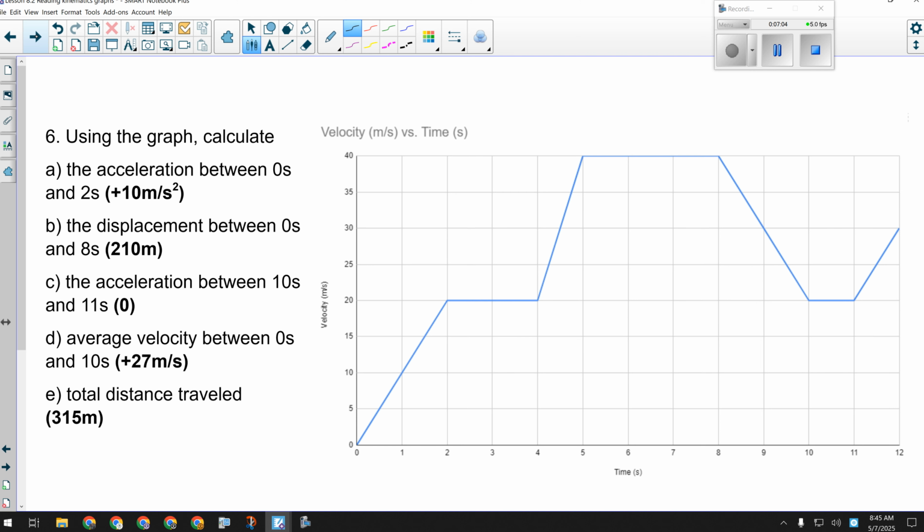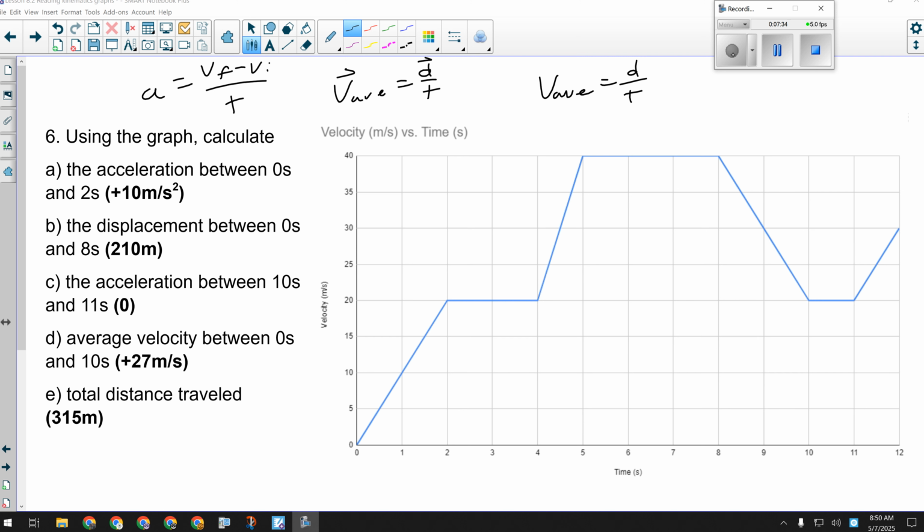So, using this graph, I want you guys to see if you can answer those questions. Remember, these formulas are on your formula sheet, but I'll put them up here because they'll be useful. Give you a few minutes on that one and then we'll go through it.